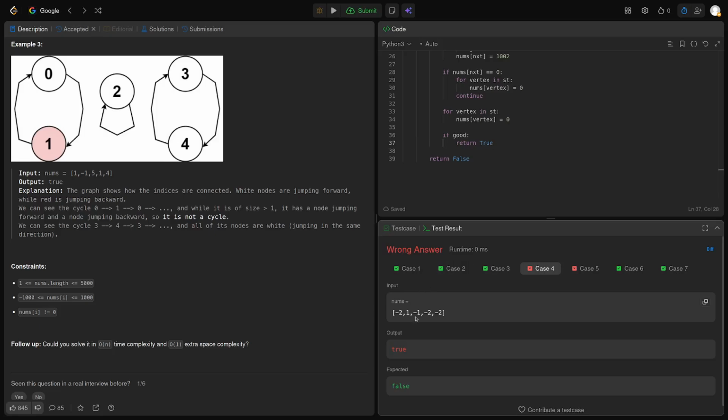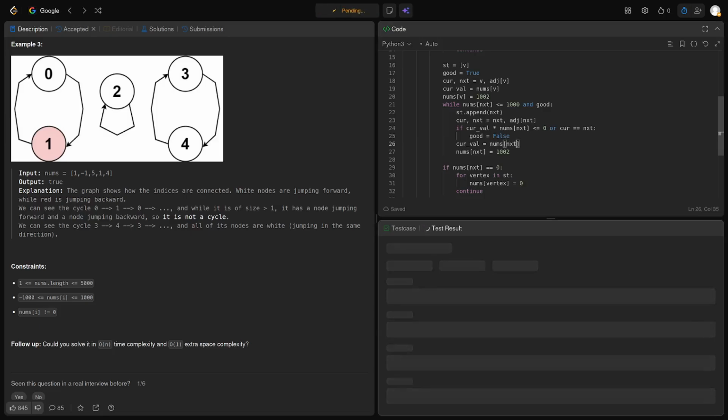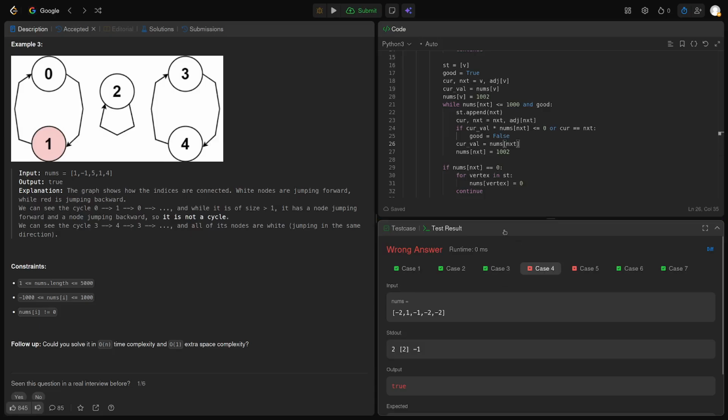Okay, I mean, this shouldn't work. So am I updating current although? Well, finally it's gonna rain. That's crazy.